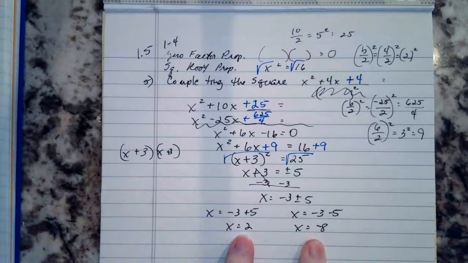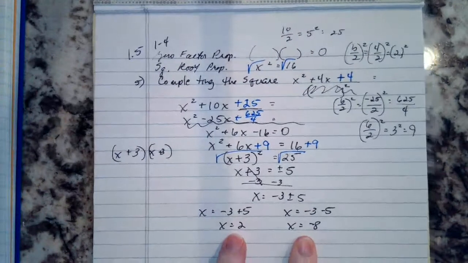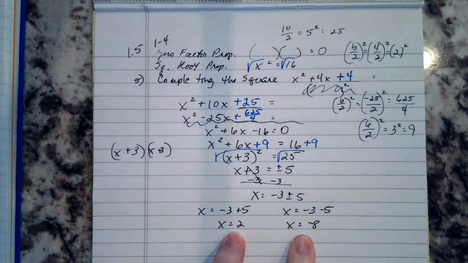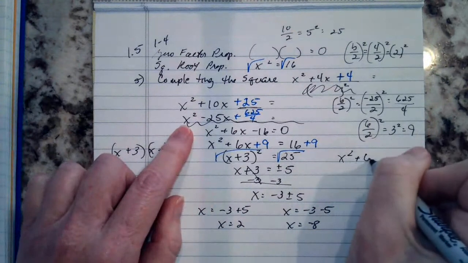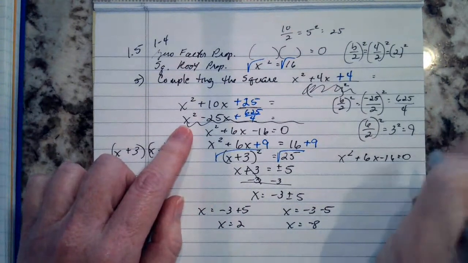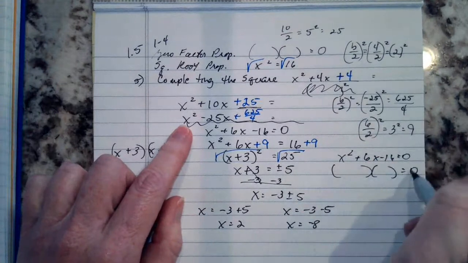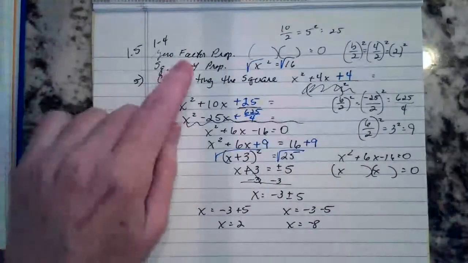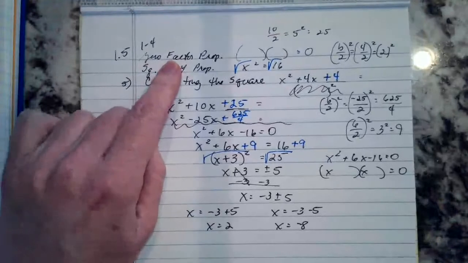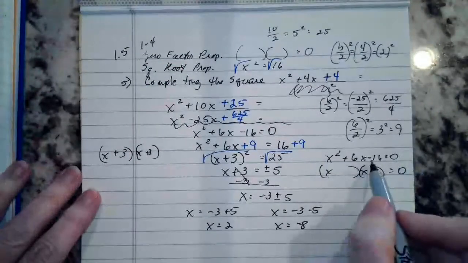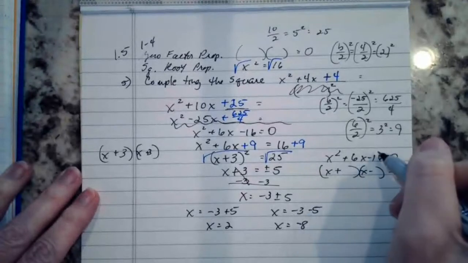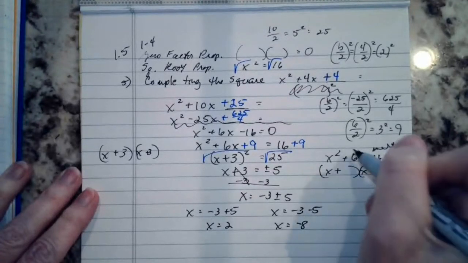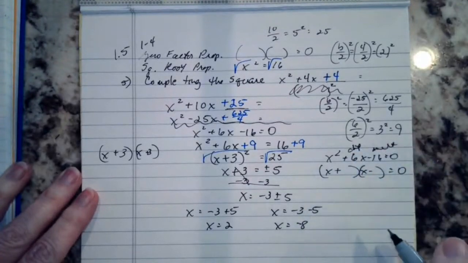Now, the fact that I got normal numbers, rational real numbers, that I know exactly where they are on the number line, tells me I could have taken this original problem and factored it into 2 sets of parentheses the old-fashioned way with the zero factor property. Let's look at that. Signs need to be different. What 2 numbers multiply to give me 16, whose difference is 6?